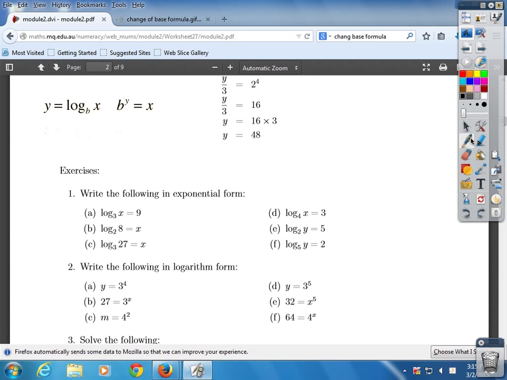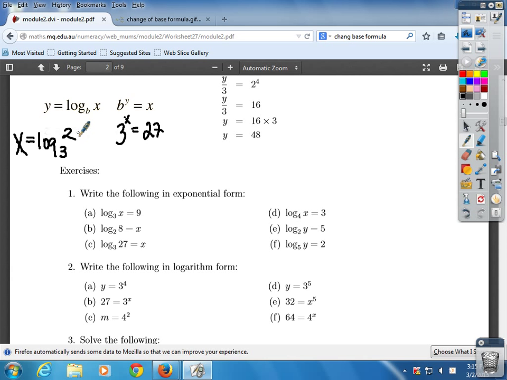So the next one is 3 to the x is equal to 27. So x is equal to, put the x there, log base what? 3 of what? 27.